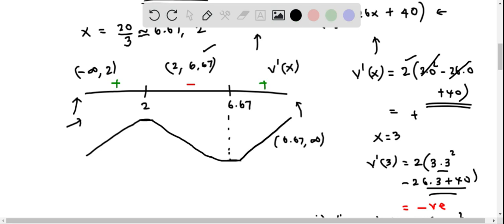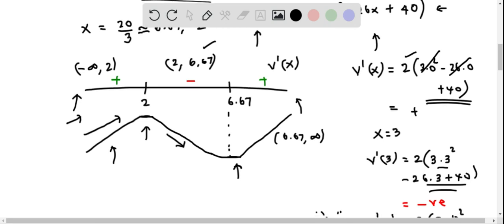So clearly we can see from this sign diagram that the first derivative is increasing. The function is increasing, reaches the maximum value when x equals 2, and then it decreases. Here it is attaining a minimum value. So we disregard this critical number.